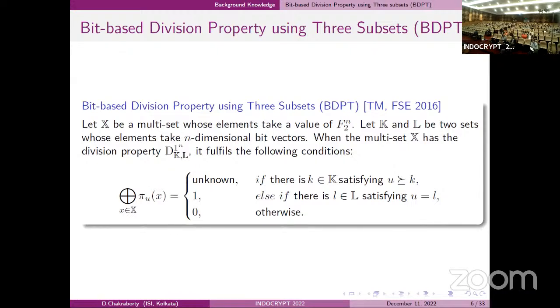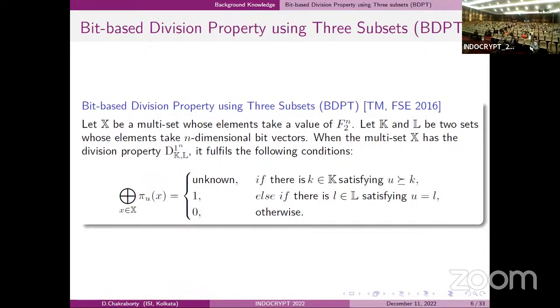Using this property, I am again dividing the space F2^n into three parts. For all those u such that u is a successor of K, the XOR sum of phi u x is unknown. For the rest, I am dividing into two sets, 0 and 1.